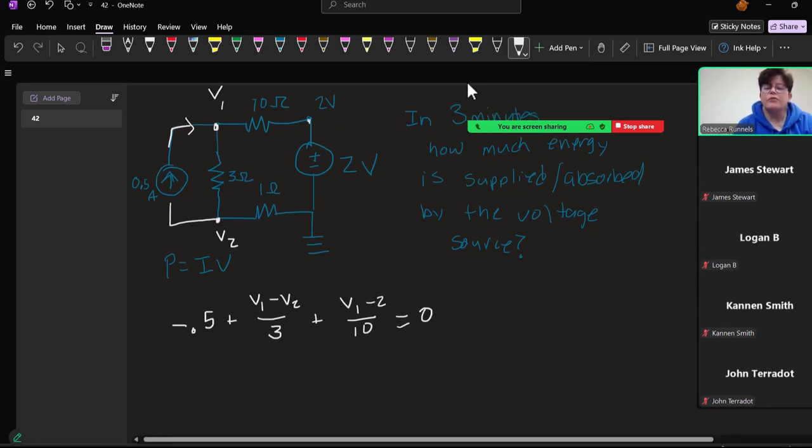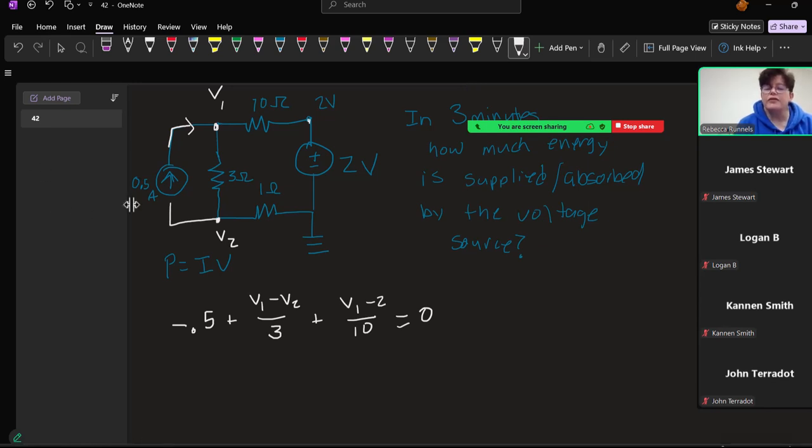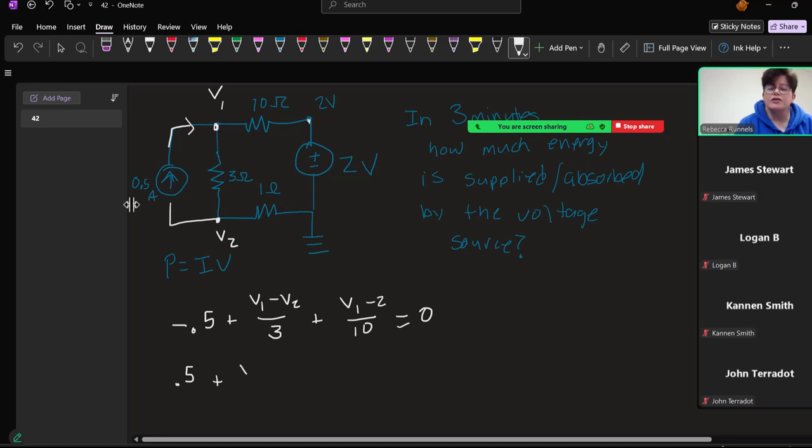Now, on my V2 node, the 0.5 is leaving it, so that's positive, plus V2 minus V1 over 3, plus V2 minus 0 over 1 equals 0.